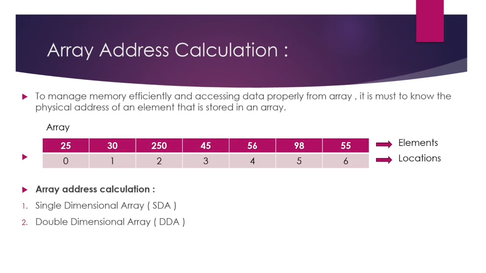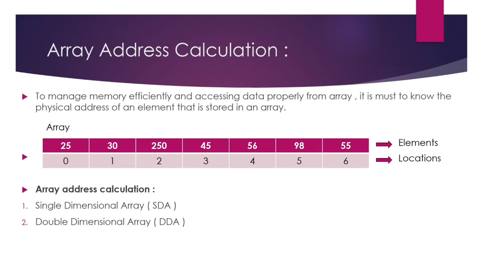And see, array address calculation. The first point: to manage memory efficiently and access data properly from an array, it is a must to know the physical address of that element. Why is it a must?